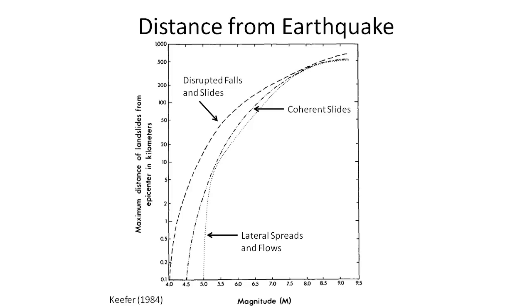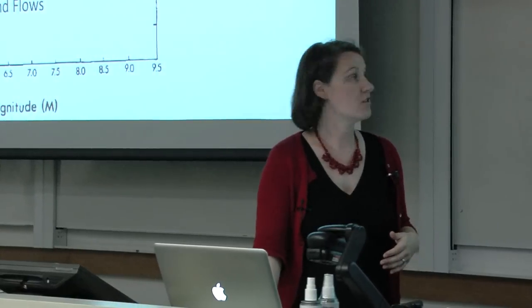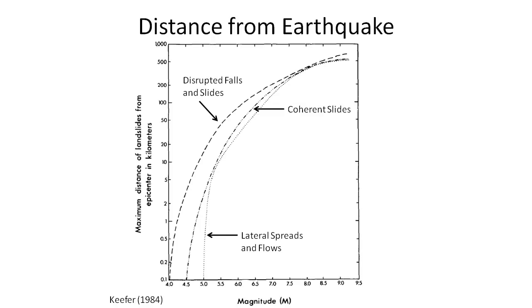Once we've started looking at the accelerations, the magnitude of the earthquake, the shaking intensity, the next factor is the distance from the source of the energy. And again, going back to international case studies and information that people have been gathering for over 30 years, there are more or less some relationships defined, for example, by these lines, between the distance from the epicenter of the location you're concerned with and the magnitude of the earthquake.